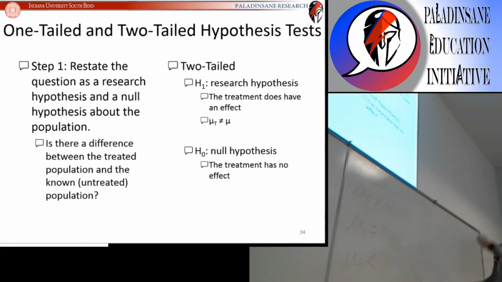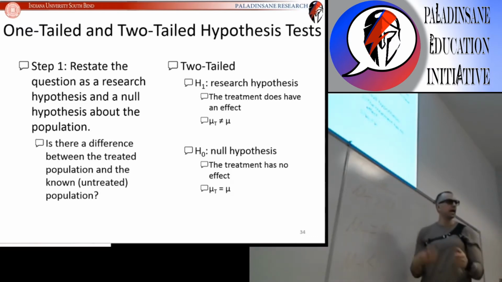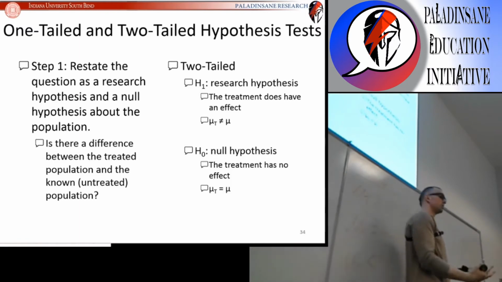Your null hypothesis that the treatment has no effect covers the last one. And with those two hypotheses in a two-tailed test, regardless of what your data turns out to be, one of your hypotheses will cover that situation. You have yourself a complete test. So that was two-tailed. We've already seen those. This is the one we've been working with so far. So you have seen how to do a two-tailed test.